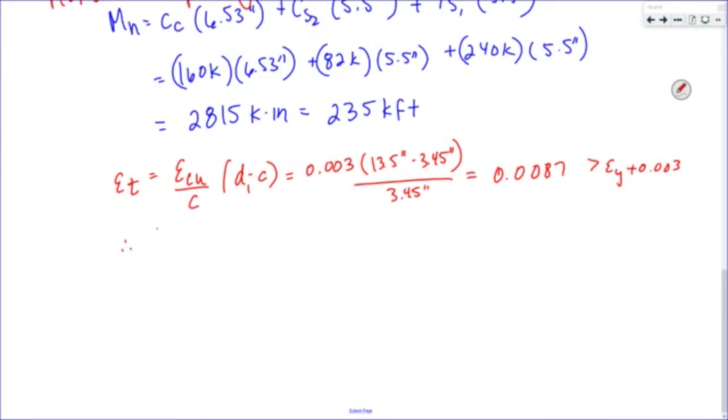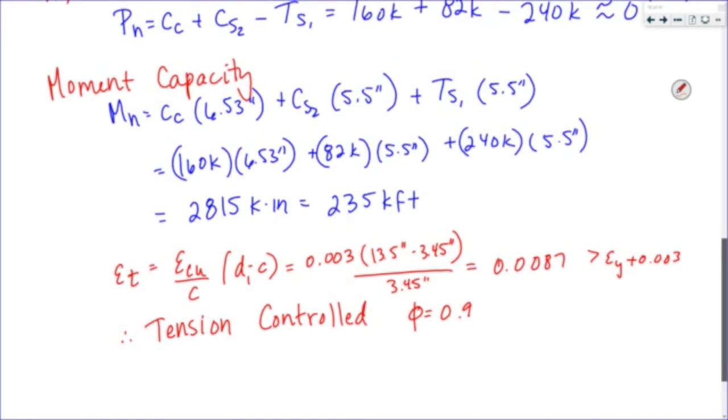So, tension controlled. Probably didn't need to calculate it, but it's good to double check. We really shouldn't have had to calculate it, but for illustrative purposes, it's always nice.